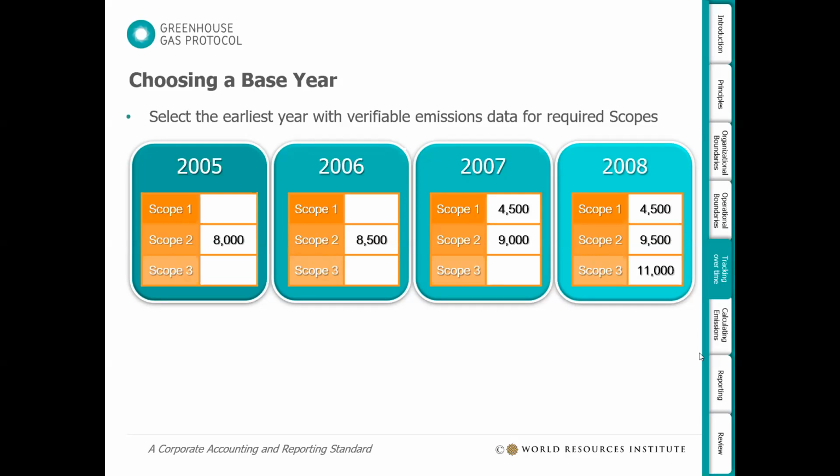Nicholas asks a question regarding the requirements of the Science-Based Targets Initiative. The Science-Based Targets Initiative recommends that companies use the latest year data as the base year inventory. And that's true.